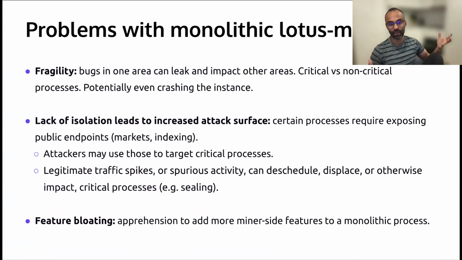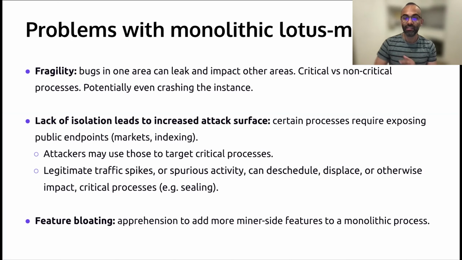So precisely, what are the problems with this architecture? On the one hand, I just talked about that fragility. Bugs in one area of the code can impact other areas, and this means that what miners today consider non-critical processes can end up affecting the operation of critical processes and potentially even crashing the instance.